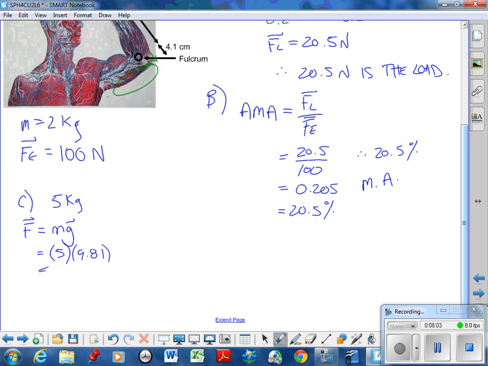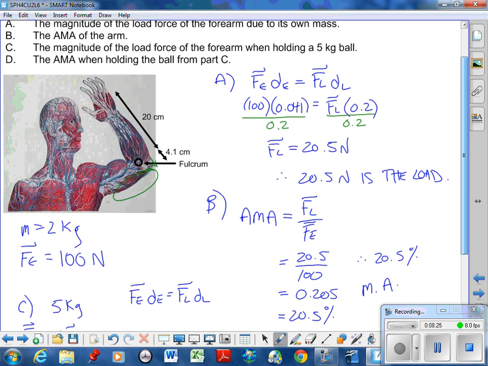So we get the added force on that arm is now 49.05 newtons.